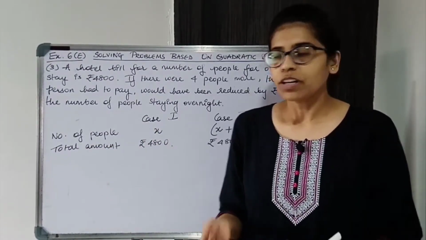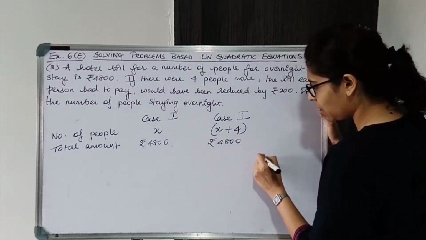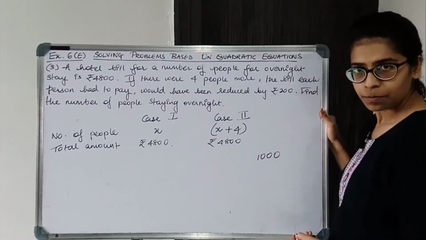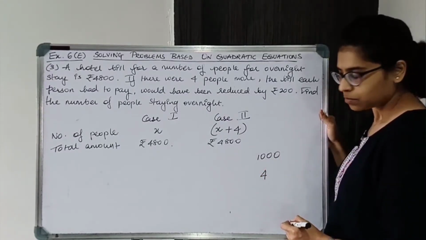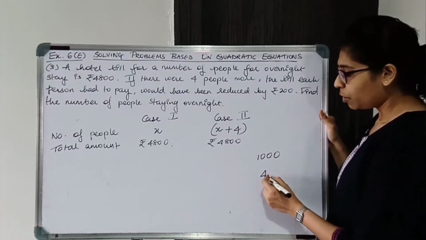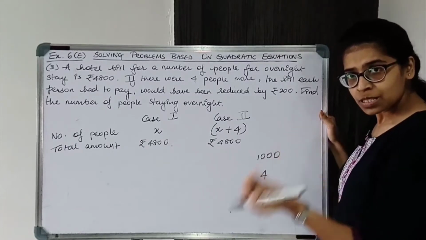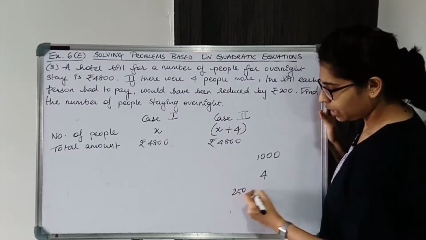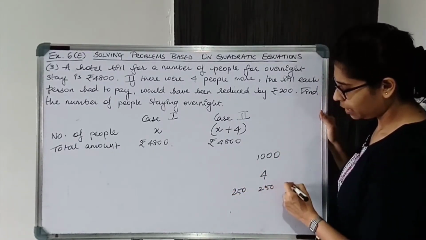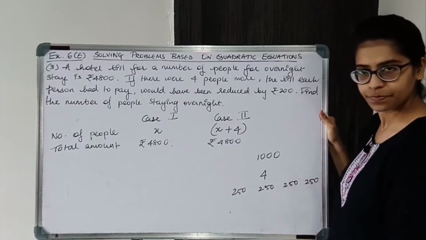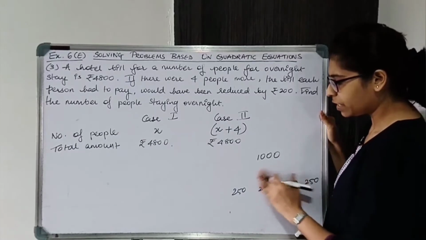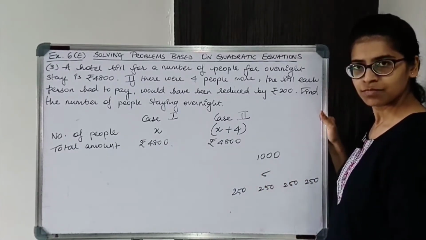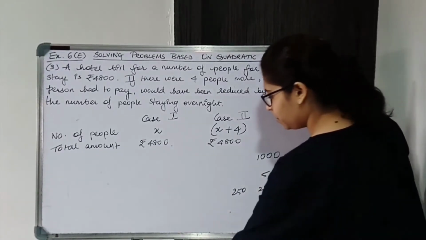Okay, so if there is a bill of let's say 1,000 rupees, and there are 4 people, each person has to pay 250, 250, 250, 250, right? Then it will become 1,000 rupees. Now instead of 4, if there are 5, then it will become less.